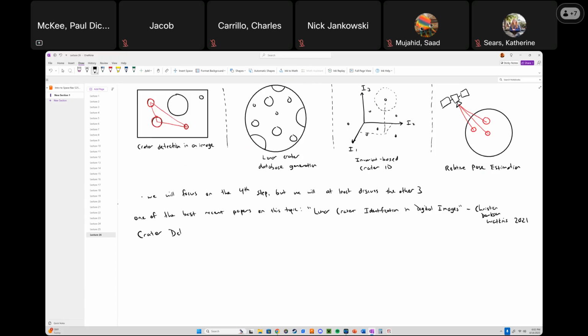Crater detection. I'll start by saying that detecting craters in an image is more of an art than a science.